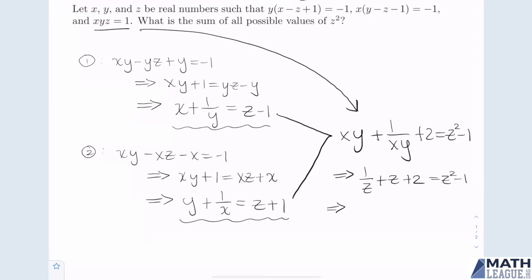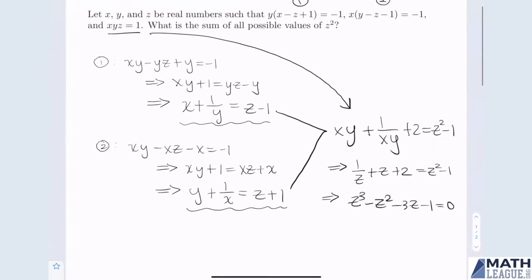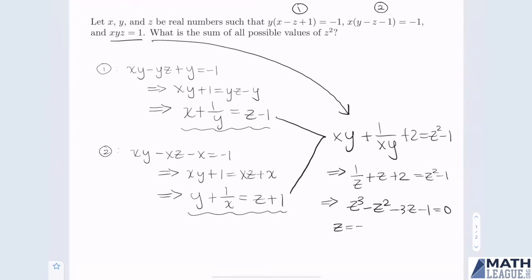And so this equation is purely in terms of z. So we can simplify it to get z cubed minus z squared minus 3z minus 1 is equal to 0. Now we have a cubic polynomial in z, and straight away we can notice that z equals minus 1 is a root of this cubic.